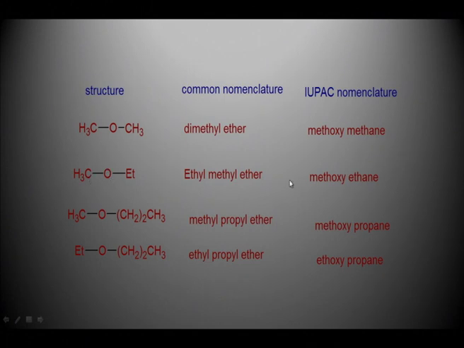So it is called methoxyethane. In the next example, it is methyl and propane. The propane group is the largest group and the methyl group is the smallest, so in the IUPAC nomenclature the oxy is combined with methyl, and it becomes methoxypropane. This is the nomenclature of ethers.